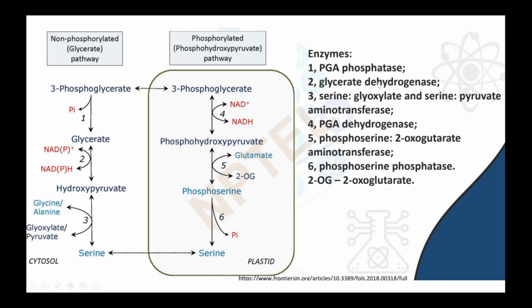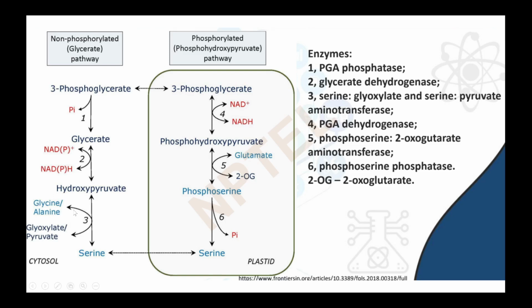So glycerate dehydrogenase will convert glycerate into hydroxypyruvate, and in turn one NADP or NAD will be converted back to NADH or NADPH. Hydroxypyruvate will then get converted into serine by the enzyme serine glyoxylate or serine pyruvate aminotransferase.